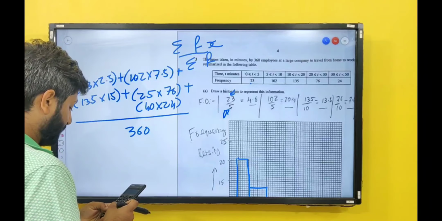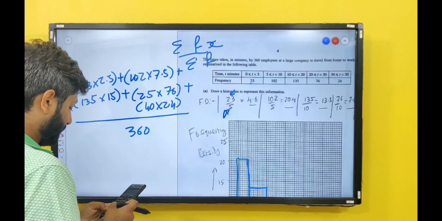Divided by 360, my answer is 15.85. So my final answer, after all the calculation, is 15.9, or even 15.85 would do. Let's move to the next question.